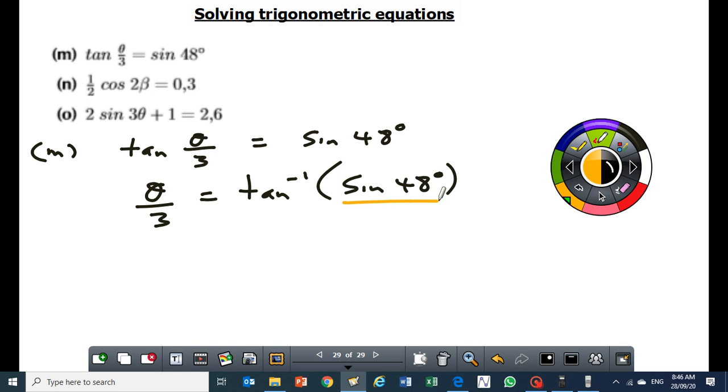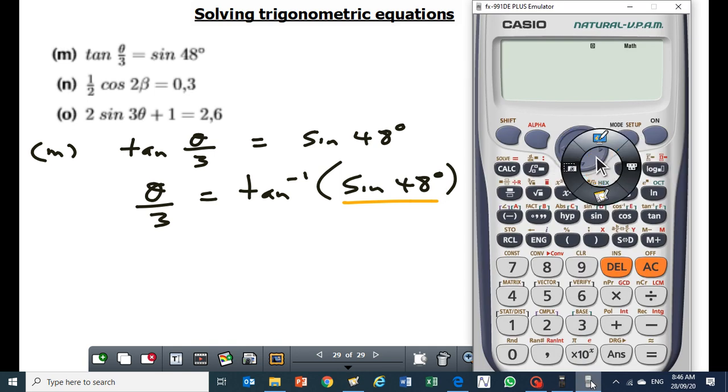So from here, you bring your calculator. Then you press shift tan. So it will be shift tan of sine 48. Then you close the bracket twice.